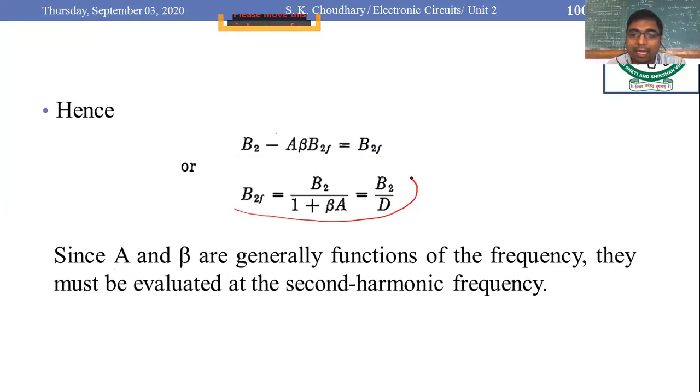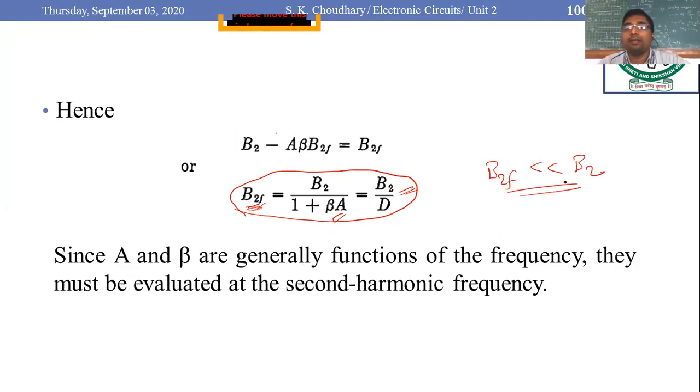Your second harmonic component after applying negative feedback is decreased by the factor 1 upon 1 plus beta A. So obviously the value of the second harmonic component with feedback is less than the second harmonic component without feedback. So B2F is smaller than B2. In this way, by the application of negative feedback, we have also decreased the non-linear distortion.